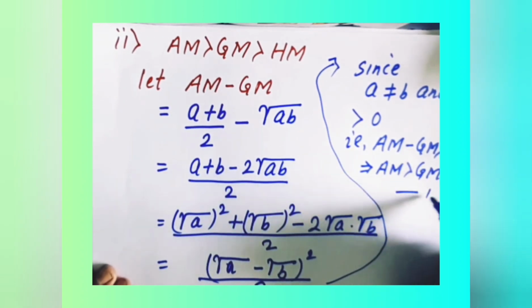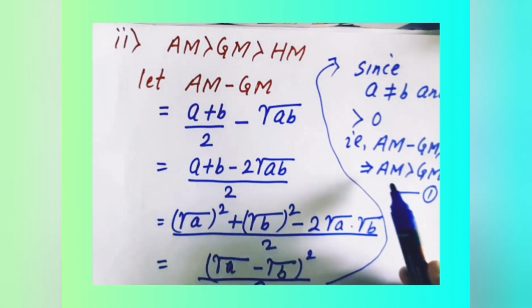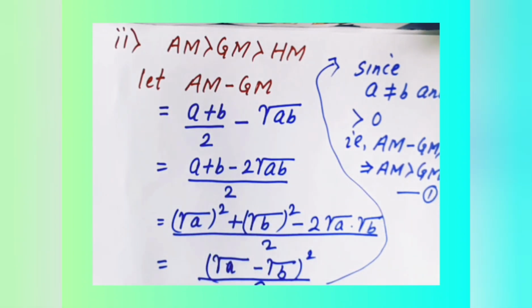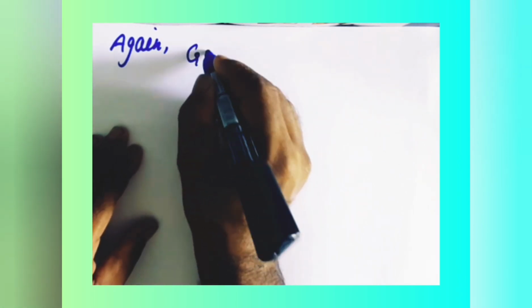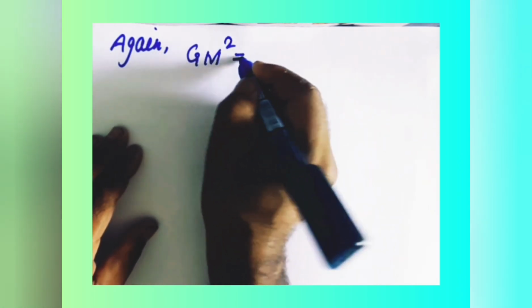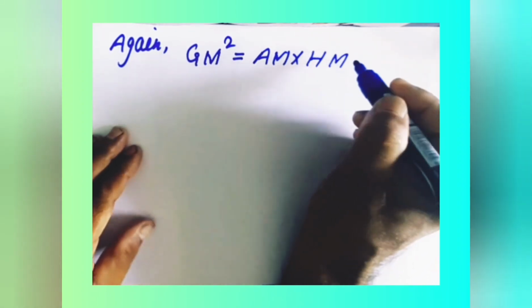Let this be the first equation: AM is greater than GM. Now again, take this one: GM square is equal to AM into HM. This we have already proved.